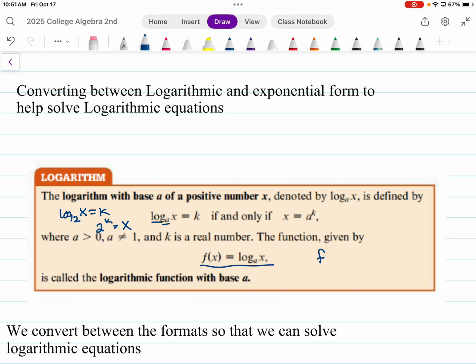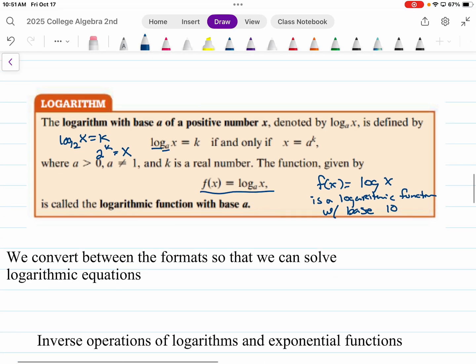Whereas if I have f of x equal to log of x, then we say this is a logarithmic function with base 10. Because again, when there's not a number there, then I get to say that it's base 10.